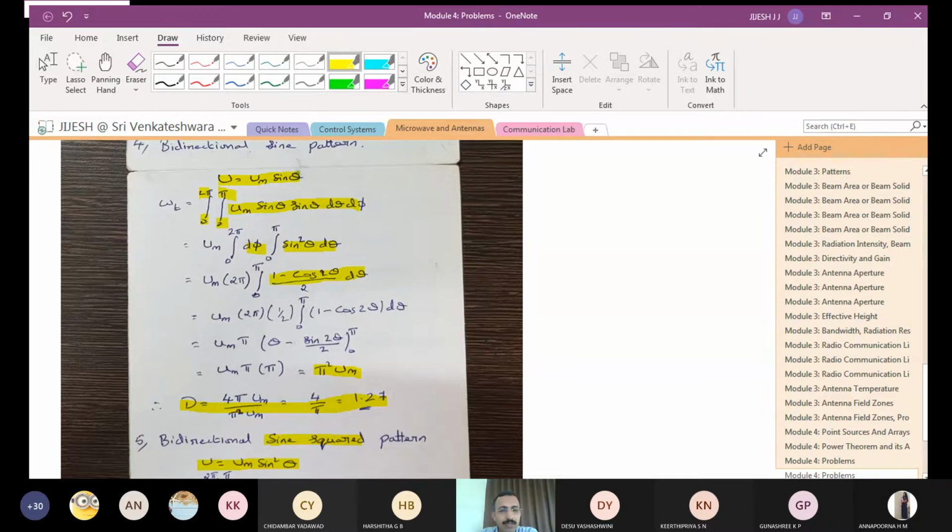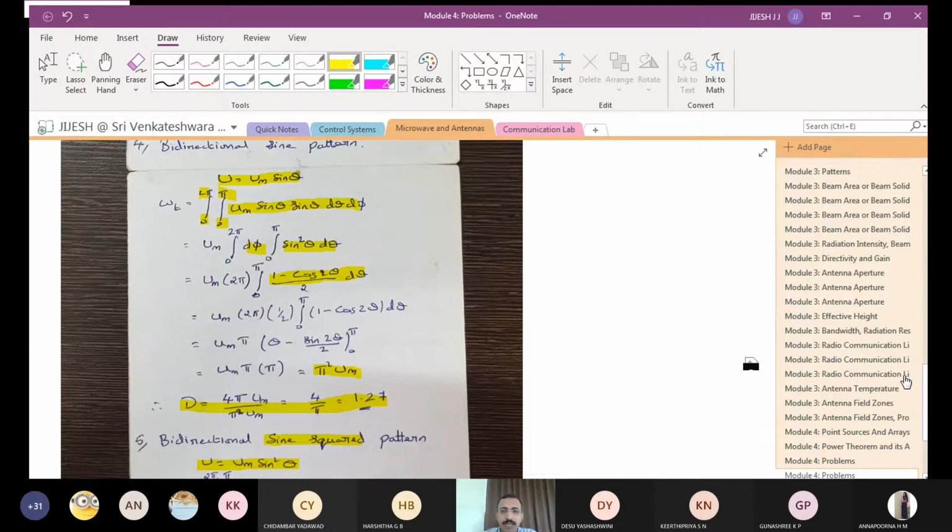And for sine square theta, you have to complete it. So for U equal to U_m sine square theta, you have to integrate it.